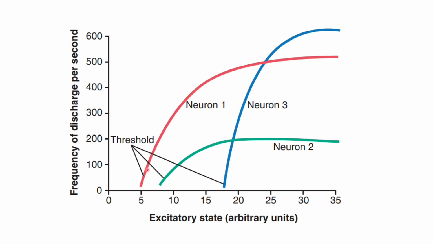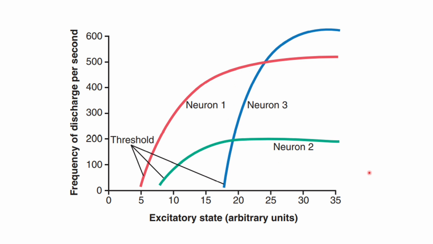You can see that neuron 1 here has almost the lowest threshold, so it fires very fast. But you can see that the maximum frequency of discharge is for neuron 3, which has almost the highest threshold. So it takes long until it generates the action potential, but once it's reached, it can reach a maximum frequency of action potentials per second that is much higher than neuron 1 or even neuron 2.